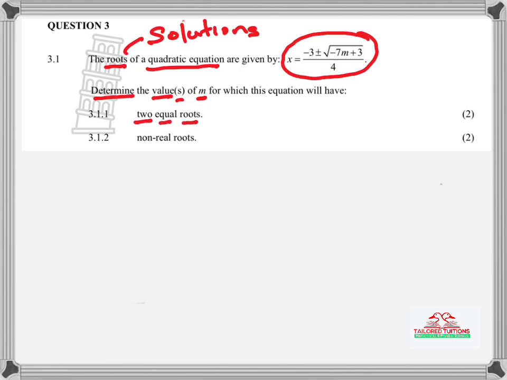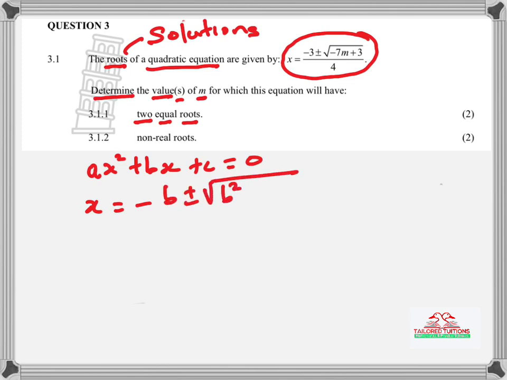So this means, grade 11, there was a certain quadratic equation that was solved using this formula here, minus b plus minus square root of what? Of b squared minus 4ac divided by what? Divided by 2a.